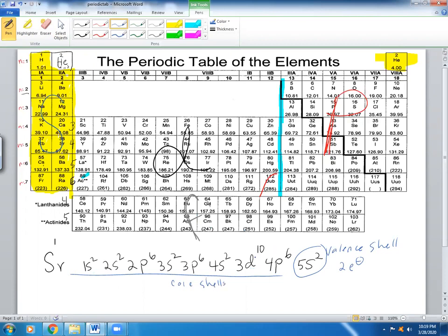Of course, they have subshells within them. And to get the core shell, all you have to do is take 38 minus the 2, because you only have 2 in the valence. Okay.